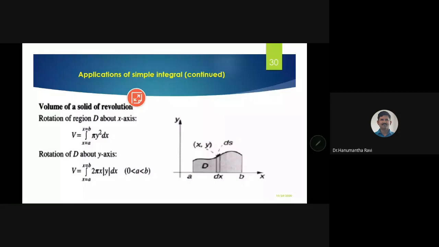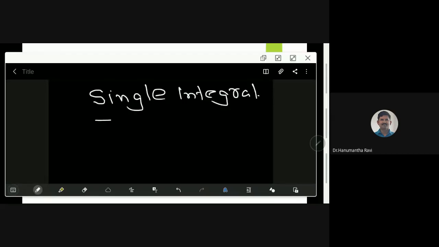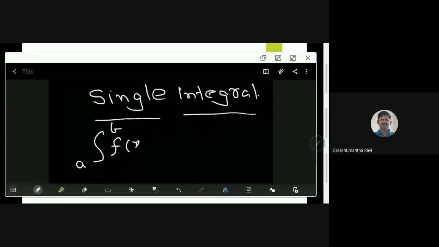One, while talking about evaluation, when we talk about a single integral, the evaluation we are talking about is a definite integral here. So we have the integral from a to b of f of x dx.